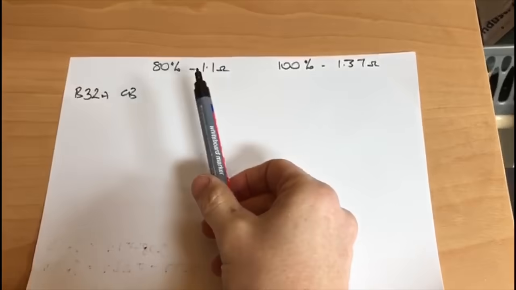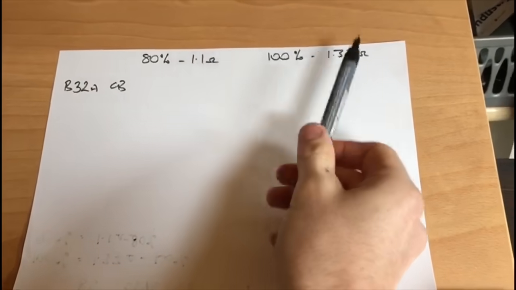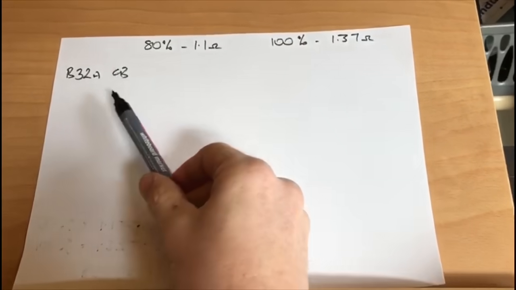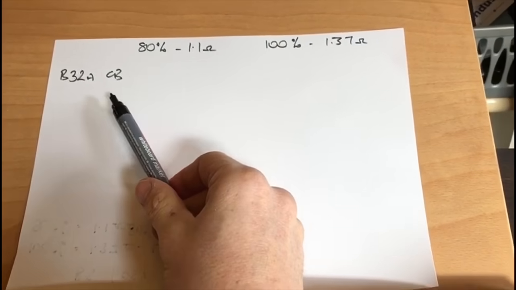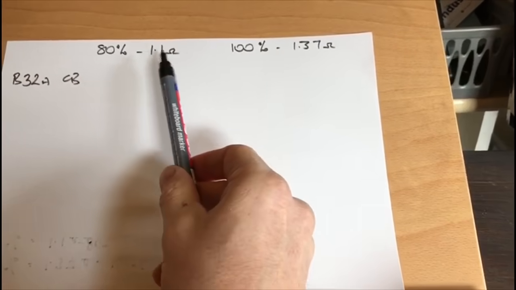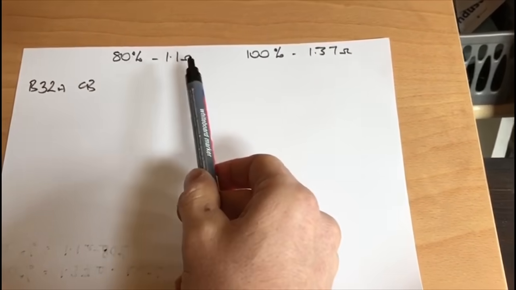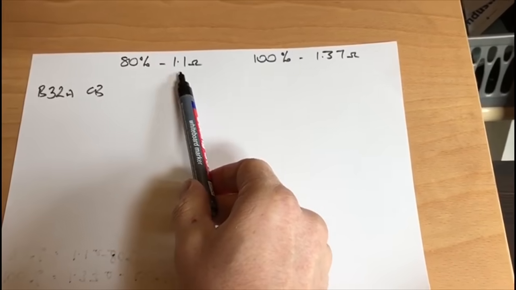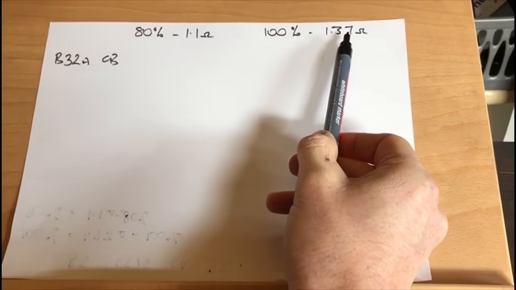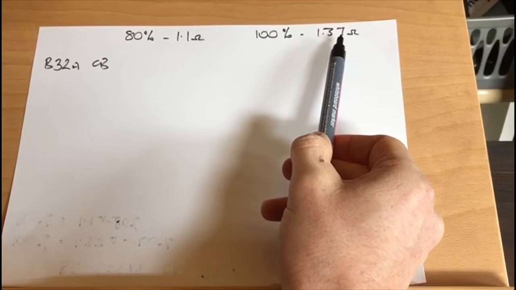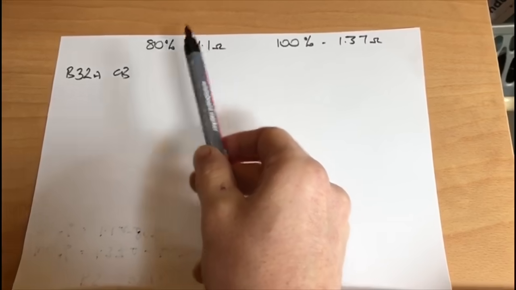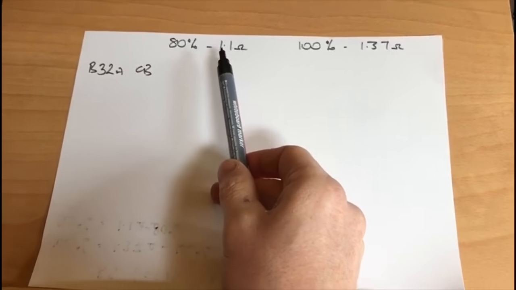So we understand the 1.1 and we understand the 1.37, the 80% and 100% values for a BS 32 amp circuit breaker. Now, my question is how close or what do we adhere to when we're on site? Well, the answer is this one here. This value here, 1.37, is what we might use when we are doing design calculations, but when we are actually working and we are doing measurements, we adhere to this 80% value of 1.1 ohms.